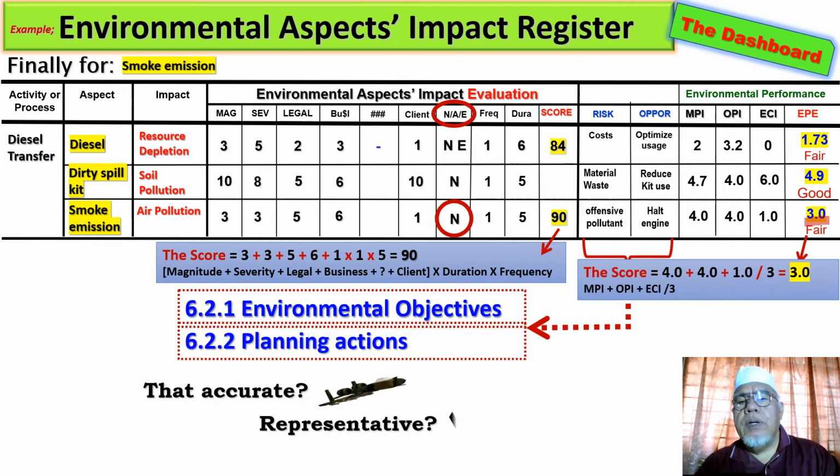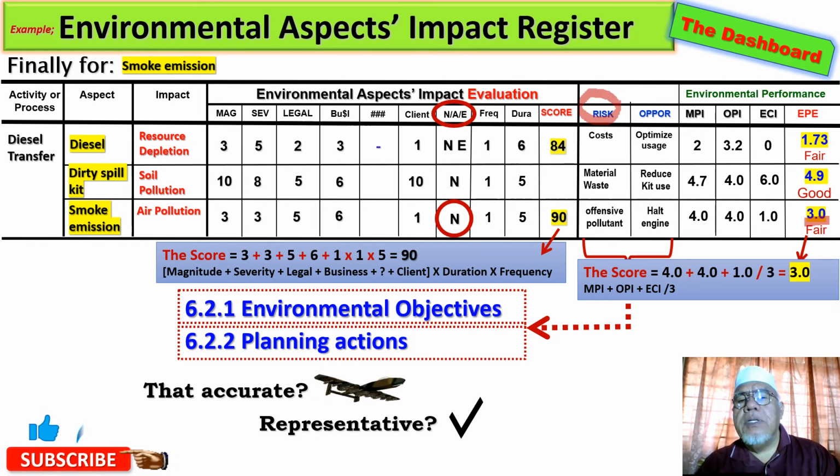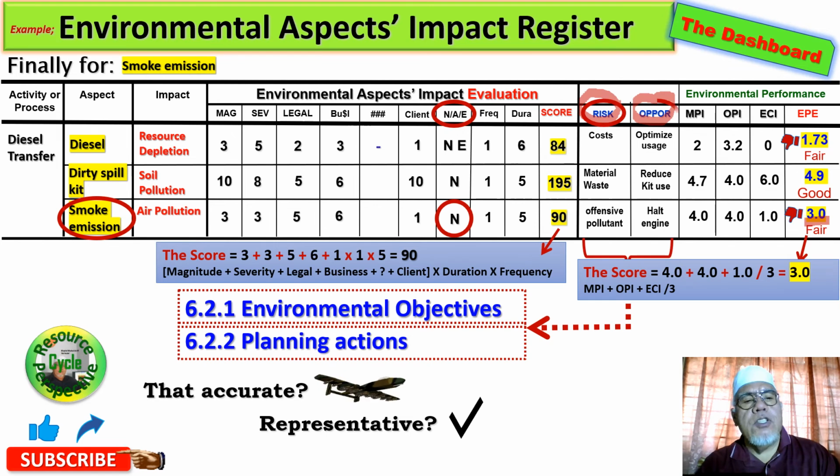And it is true enough, all right? So apparently they have got risks and opportunities decided, and this smoke emission is an offensive pollutant. That is the risk for this particular activity, which is diesel transfer, and opportunity.